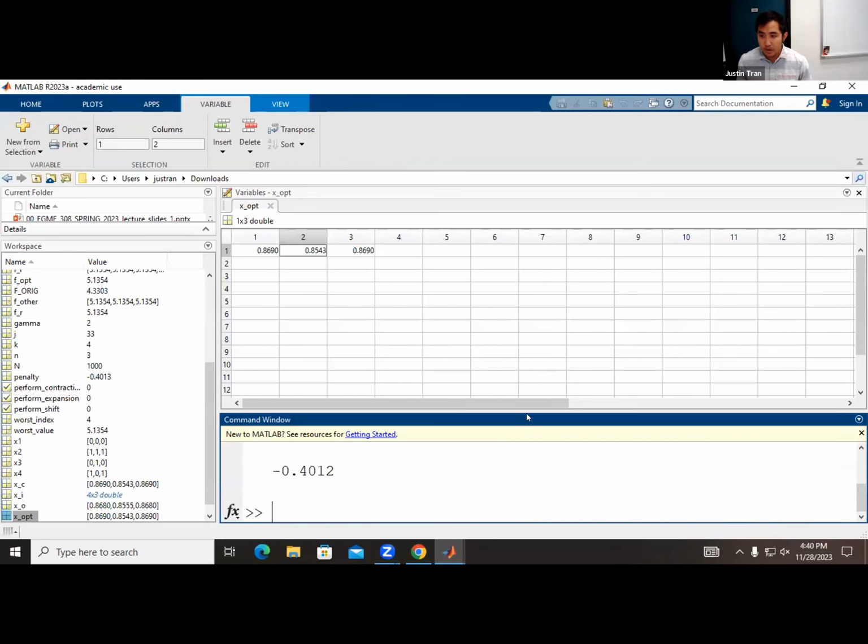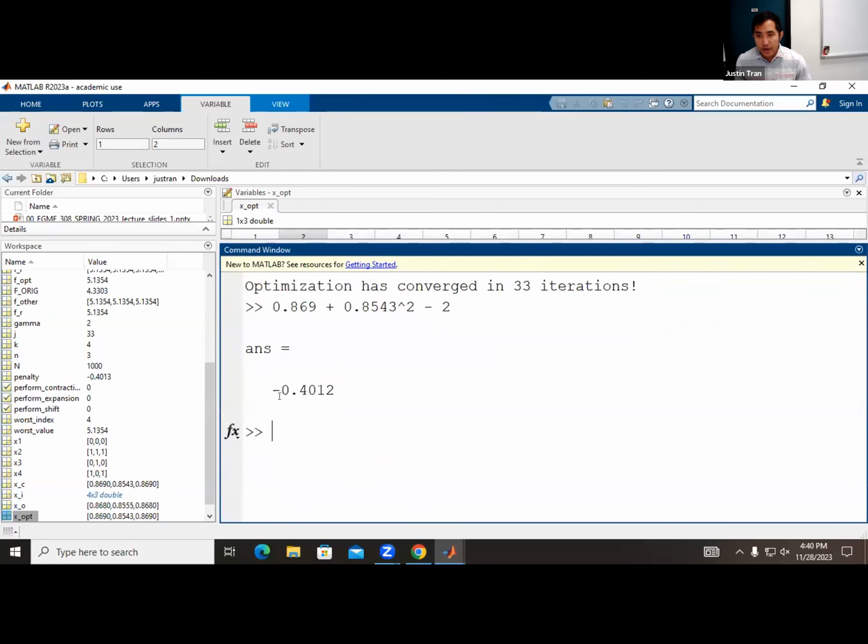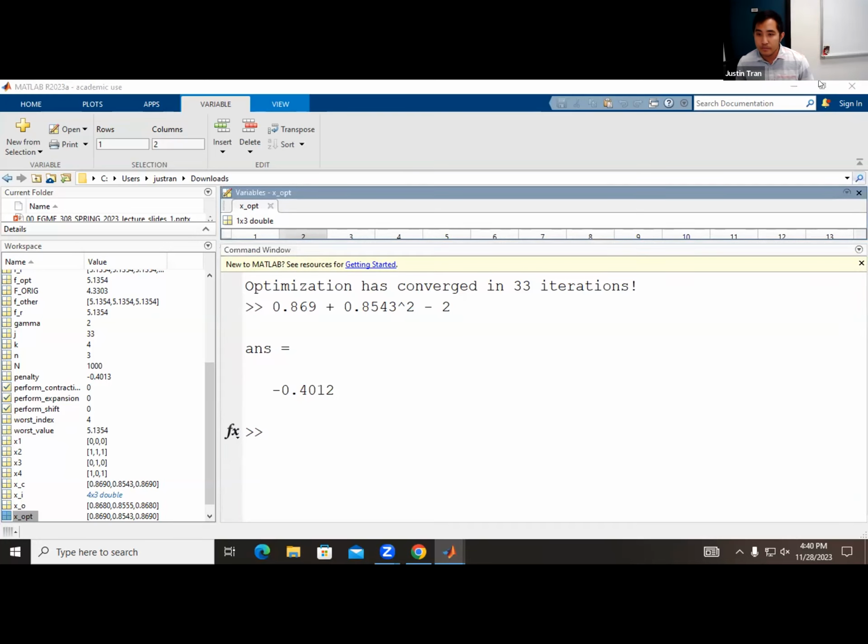When we plug those values in here, we get a value of minus 0.4. So obviously this is telling us that our equality constraint isn't completely satisfied.